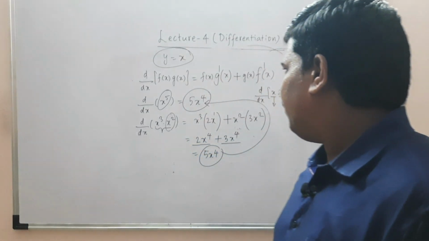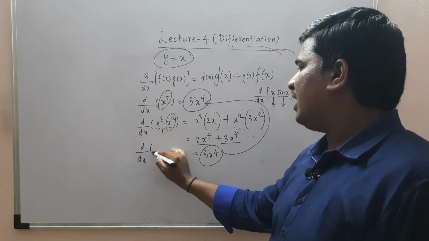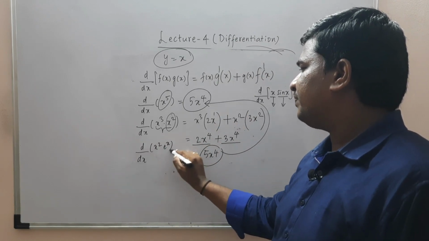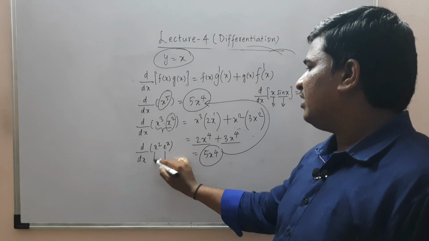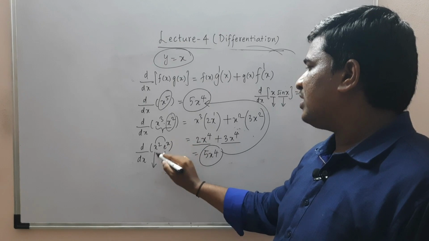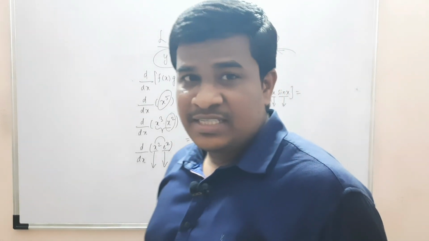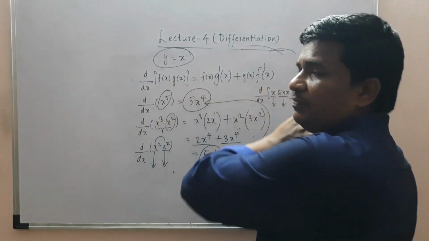Somewhere you can have d by dx of x square into e power x. This is an exponential function, this is an algebraic function. So the function is given as a product of two functions, one algebraic, one exponential. In such cases this particular formula is useful, right?